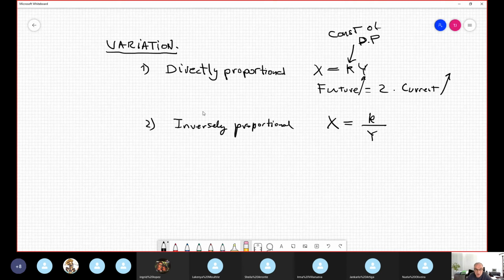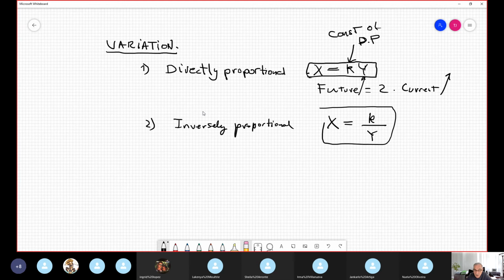So how do you recognize it's directly proportional? When it's multiplication. How do you recognize it's inversely proportional? When there's division. And in this case, it's completely different, because when y goes up, x decreases. That is the reason it's inversely proportional, because it goes in the inverse direction.